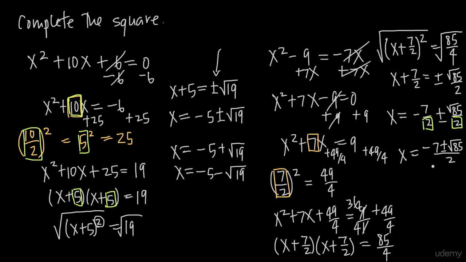So now we have one fraction. And if we want to write out both solutions, we'll say x equals negative 7 plus root 85 over 2, and x equals negative 7 minus root 85 over 2. And those are the two solutions to our trinomial equation, which we found by completing the square.